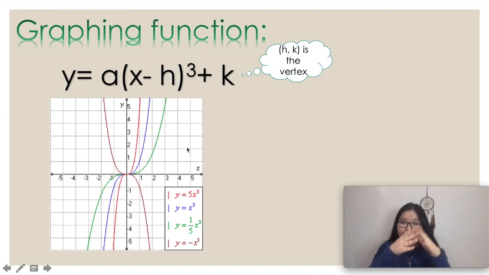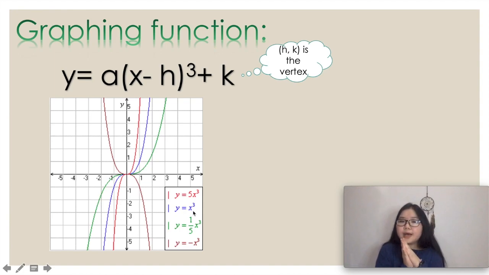So this is the graph which I used to show you what will happen if you change the value of a. If you change the value of a, you can make it bigger or skinnier or also reflect it. If I put the value of a greater than 1, it will make your cubic skinnier, as you see in the red cubic.